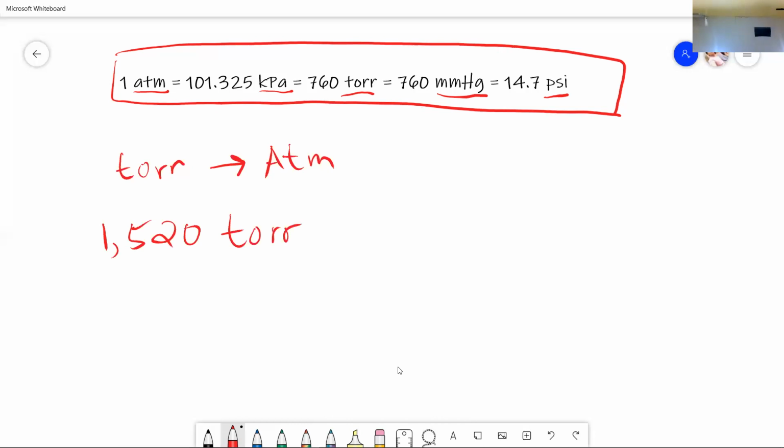Convert that into ATM. Since 1 ATM is equal to 760 torr, we look at the unit.